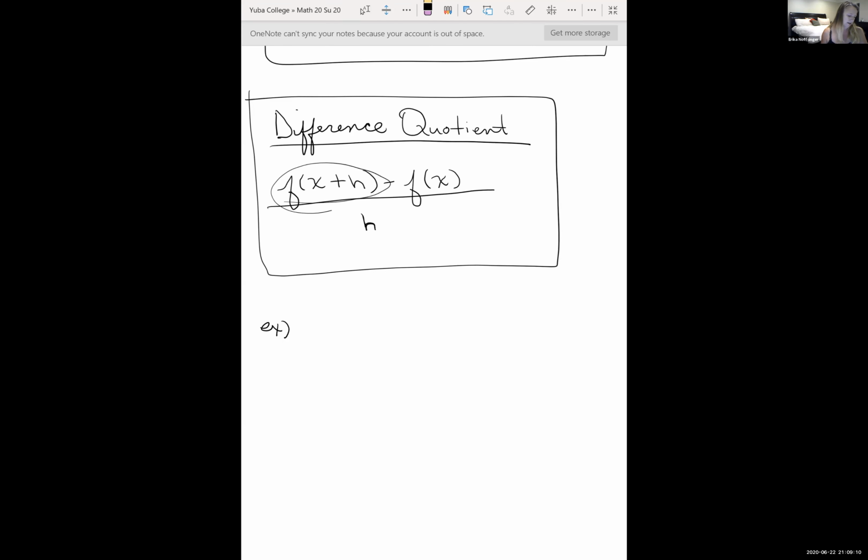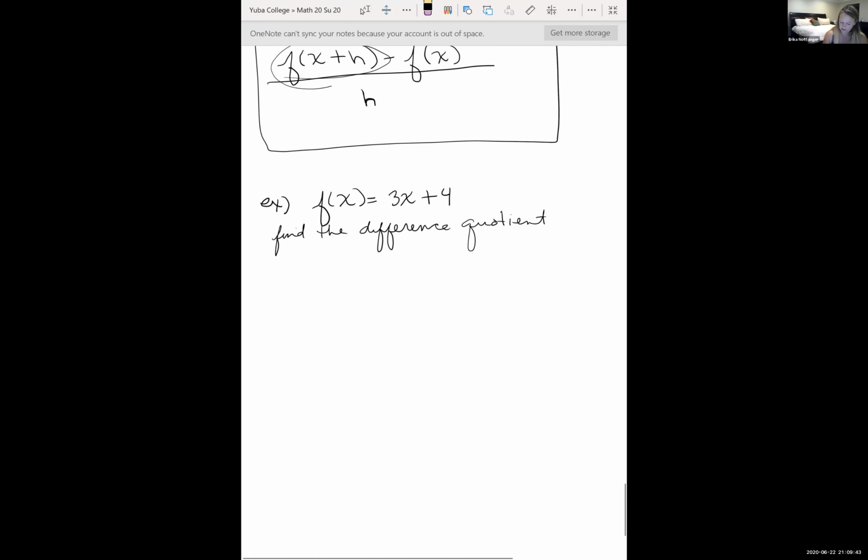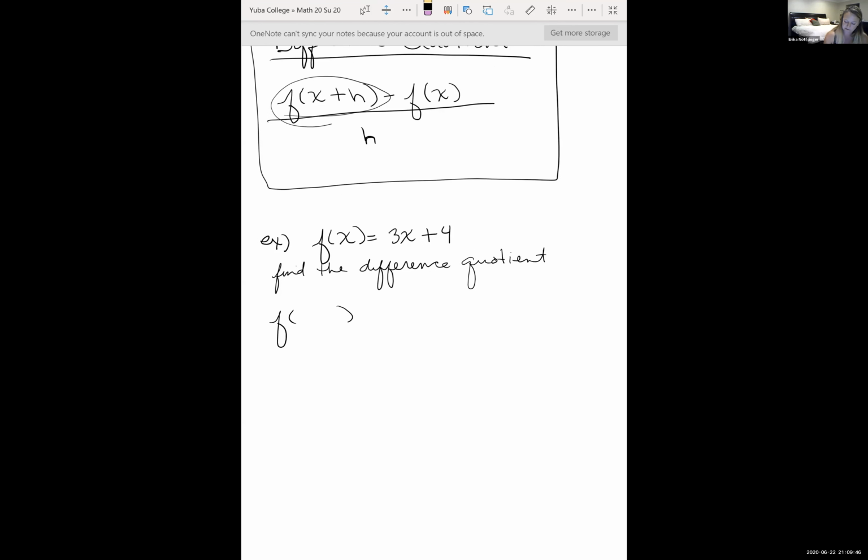if you were given f of x is equal to 3x plus 4, and we want to find the difference quotient. So first, if it helps you, again, do it in little pieces.